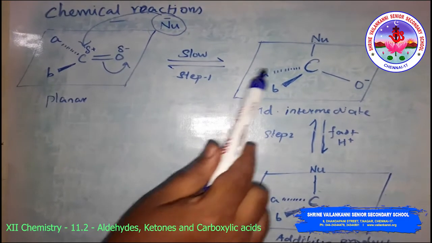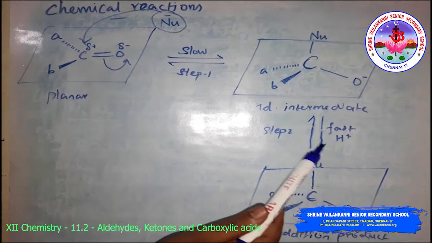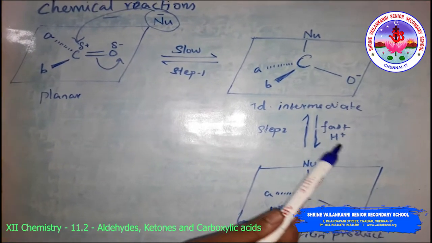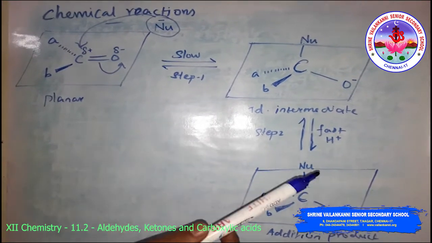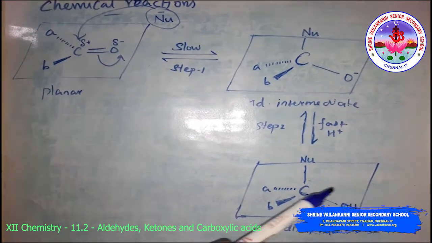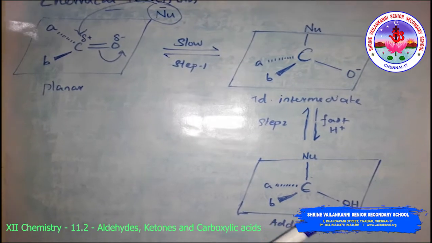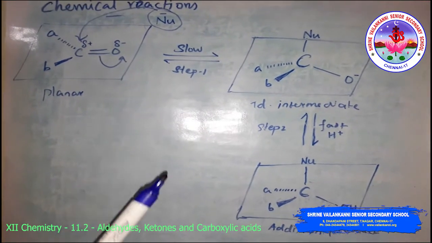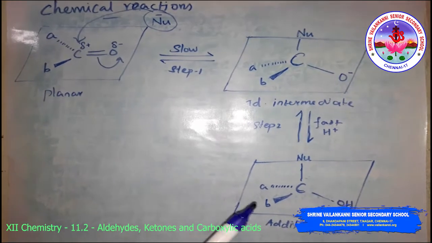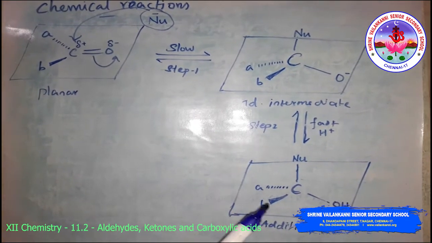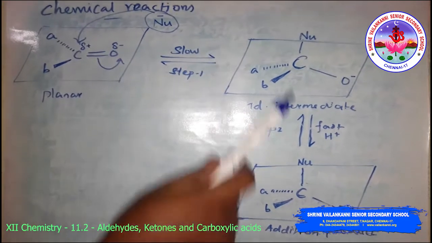Then this intermediate captures a proton from the reaction medium to give the electrically neutral product. So this is the electrically neutral product. So the net result is addition of the nucleophile and H plus across the carbon-oxygen double bond. Look at this picture.